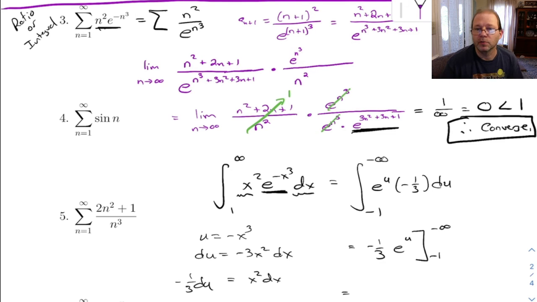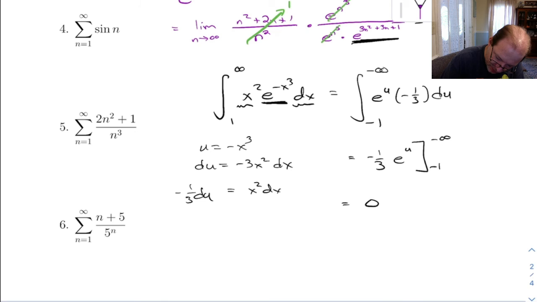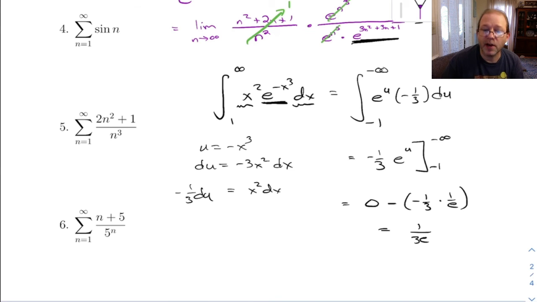When you plug those in, or formally we should write it as a limit, but let's see what happens. e to the -infinity, basically you're following the function of e to the x, gives you 0. So plugging in the -infinity gives you 0 minus -1/3 times e to the -1. It gives you a number. It's not that important what it is, it's 1/3e. But the important thing is it's a finite number, so it converges.